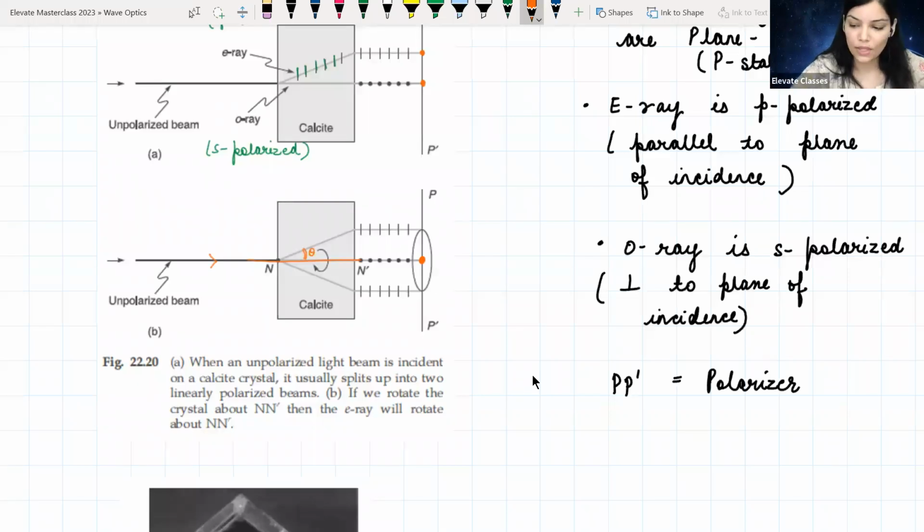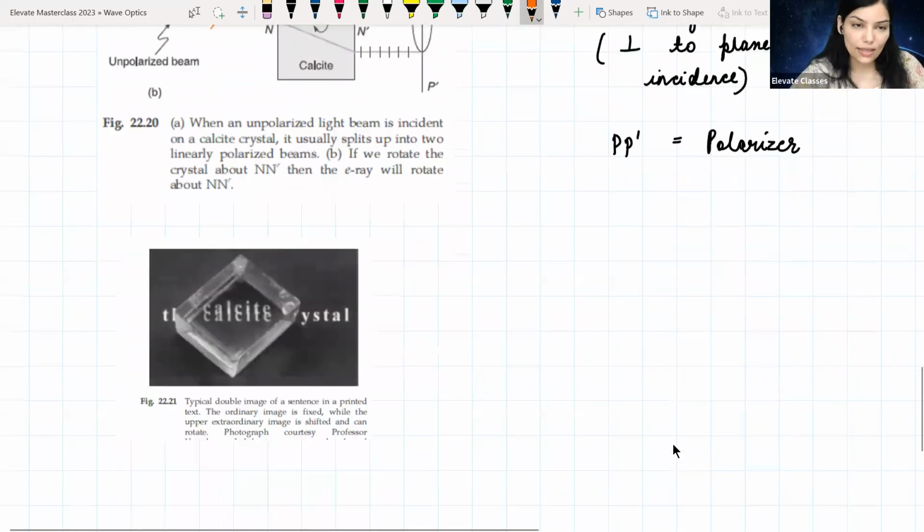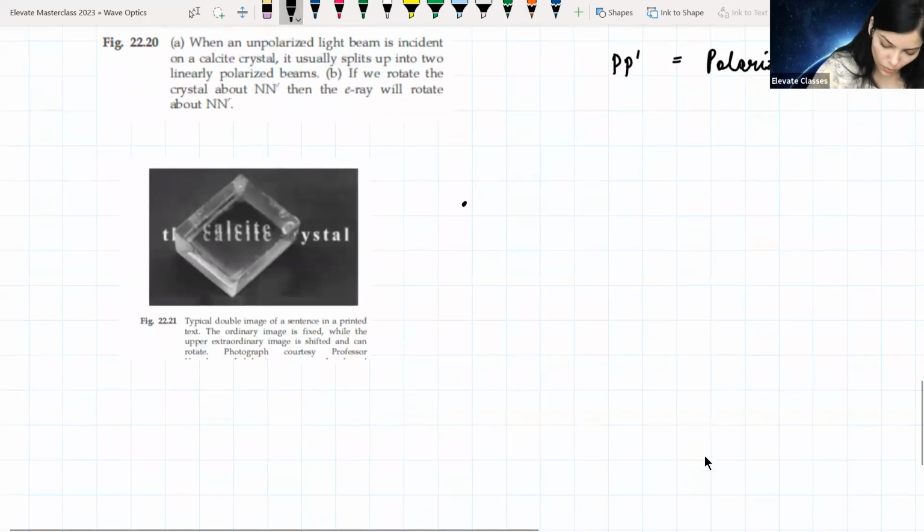Okay. So now let us write a few other things about this. Another point that we should know is that the ordinary ray behaves as if it is seeing an isotropic medium.